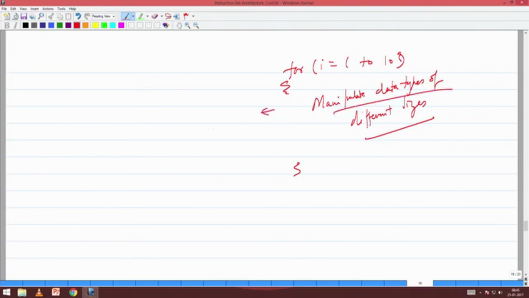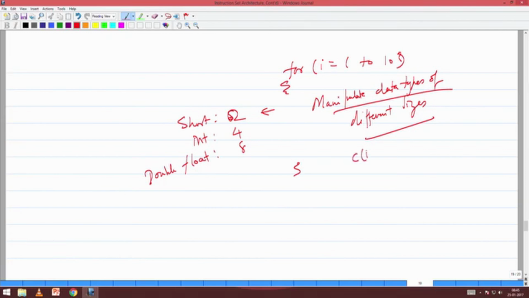It will manipulate say a short integer which is 2 bytes. It will manipulate an int which is 4 bytes. It will go and manipulate a double precision floating point which is 8 bytes. All this can happen here, right.